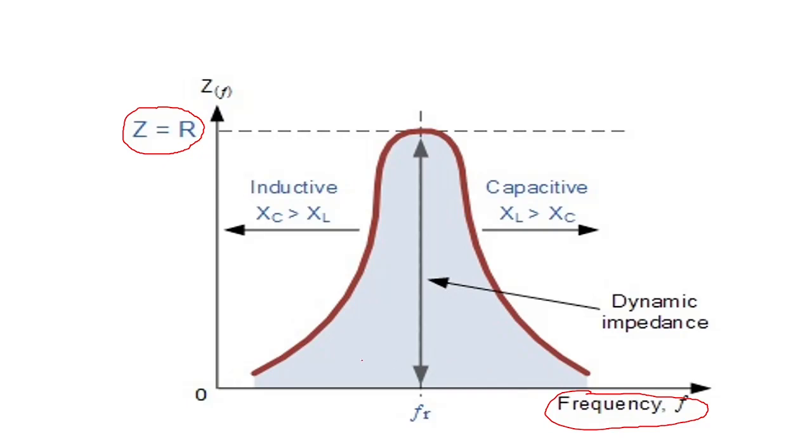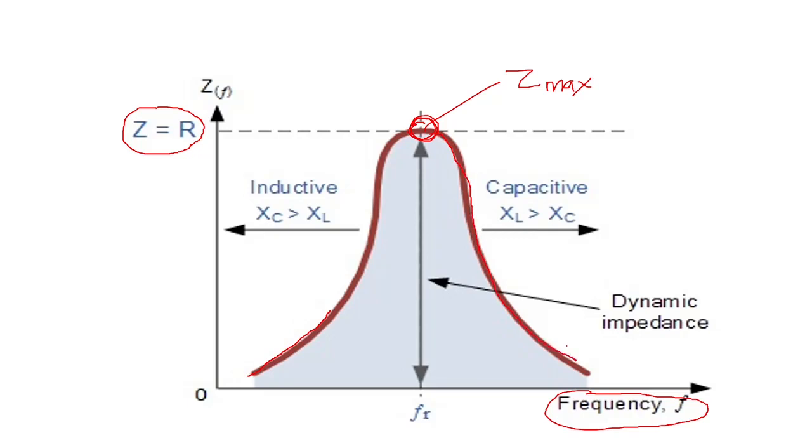Now you can see that when the frequency is lower, impedance is less, and as the frequency increases and reaches the resonant frequency, the impedance is maximum. Here you can see impedance is maximum, that is, opposition to the flow of current is maximum, and again when you increase the frequency beyond that, the impedance goes on decreasing.